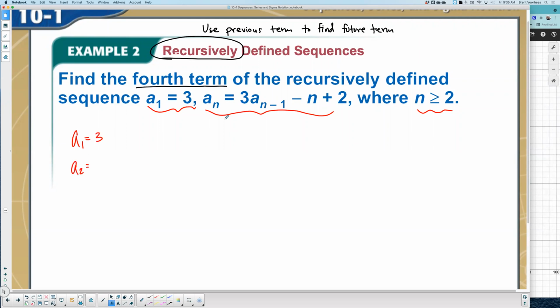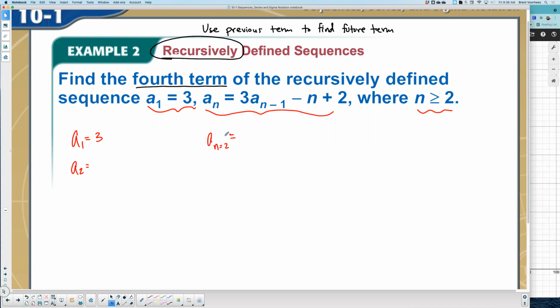No. Now, if you want to find it, you would say, okay, n has to be greater than or equal to 2. So I'm going to plug it in and say I want n to be 2. I know I haven't done it that way today, but I'm going to do it right now. N equals 2.